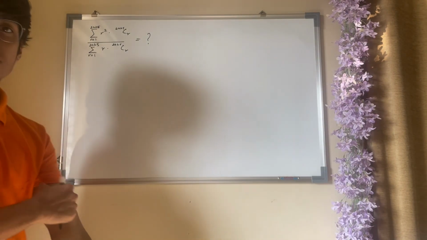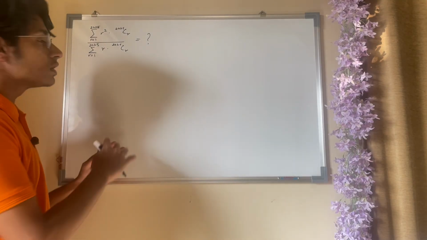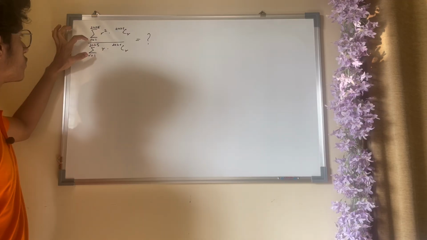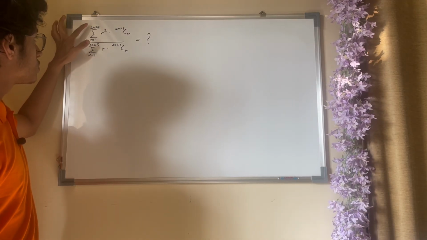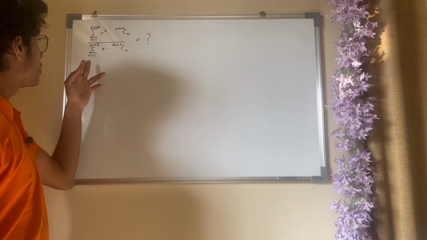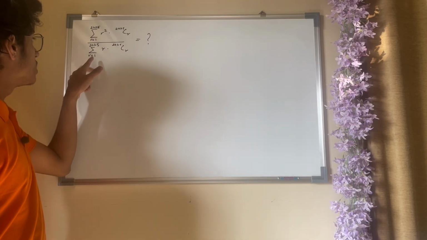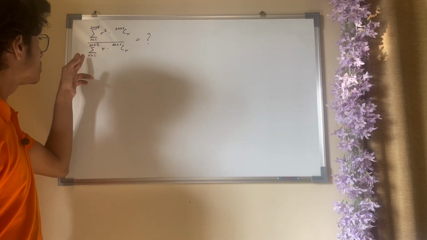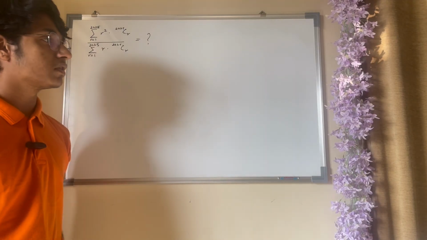In this video, we will be solving this difficult looking question, that is sigma from r=1 to 2025 of r square 2025Cr upon sigma r into 2025Cr. The limits range from 1 to 2025.